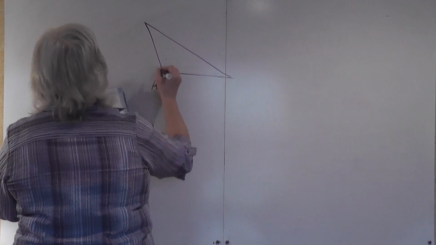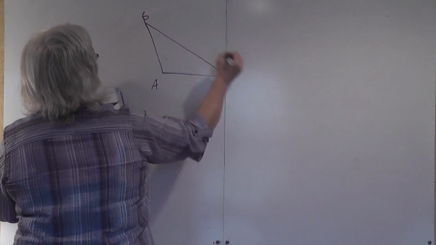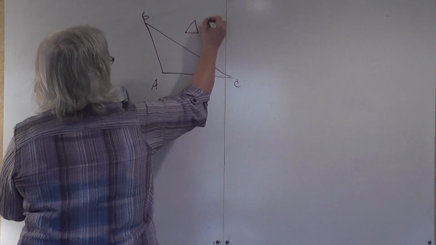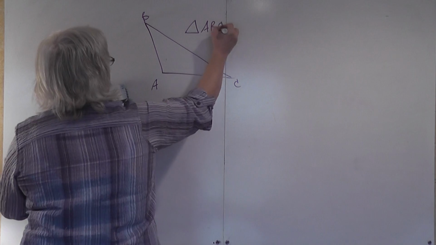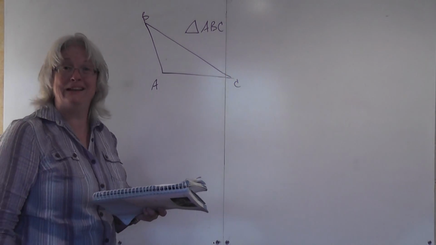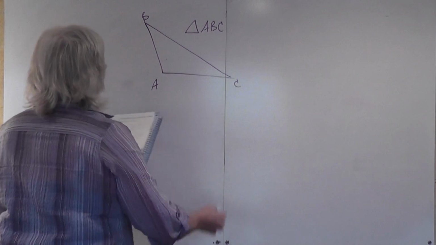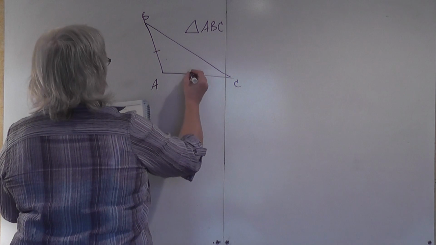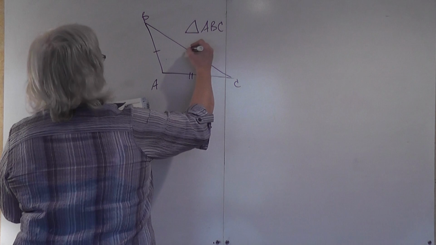So this is triangle ABC, and you use the triangle shape and the three vertices to identify a triangle. And you have side AB, side AC, and side BC.